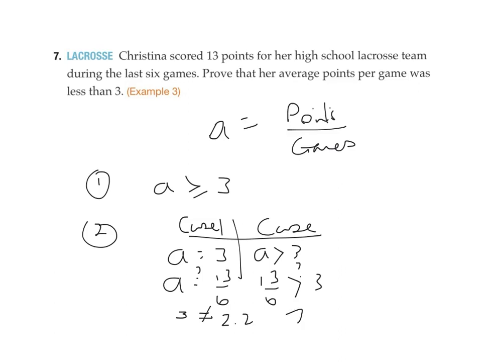And 2.2 is not greater than 3, so we put a line through there as well. And there's your proof. So the conclusion is false, so the assumption is false. Okay, so that proves that her actual average points per game was less than 3.